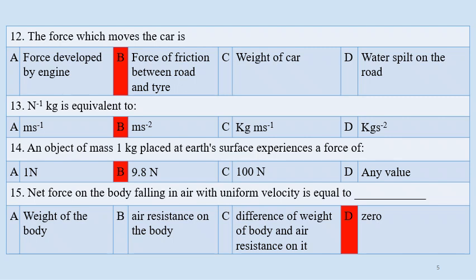By this definition, 1 Newton is equal to 1 kg into meter per second square. If we divide both sides by 1 kg, then Newton per kg is equal to meter per second square.